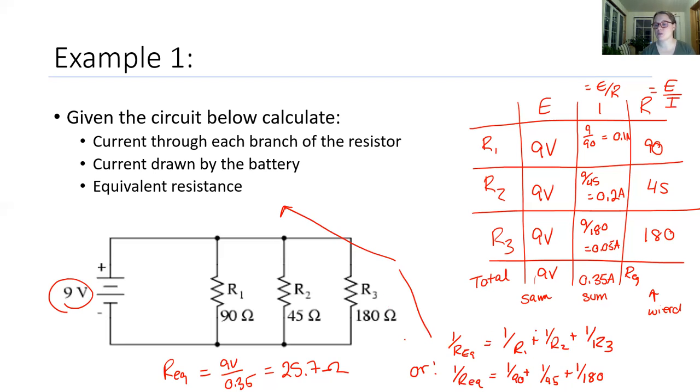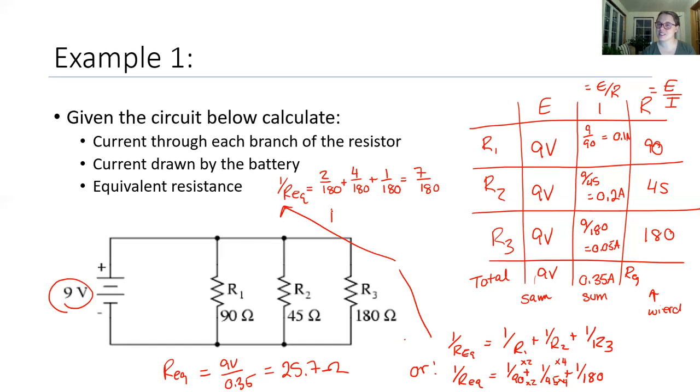We need to make a common denominator to do this question. 180 is our common denominator, which means we need to multiply this by 2, and 45 gets multiplied by 4. We end up with 1 over Req is equal to 2 over 180 plus 4 over 180 plus 1 over 180, which is equal to 7 over 180.